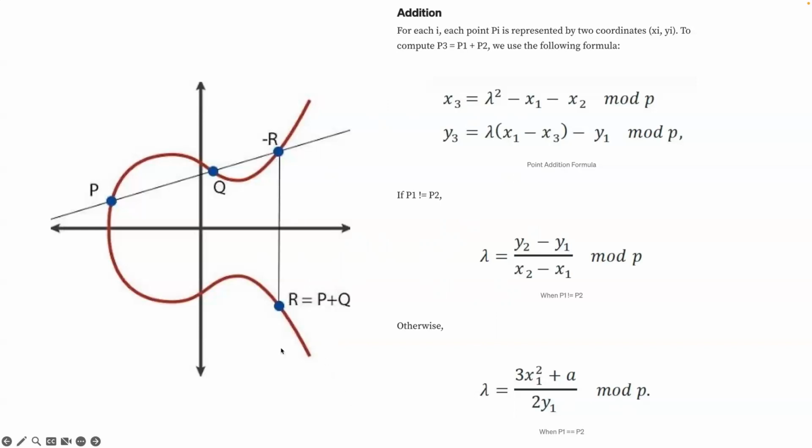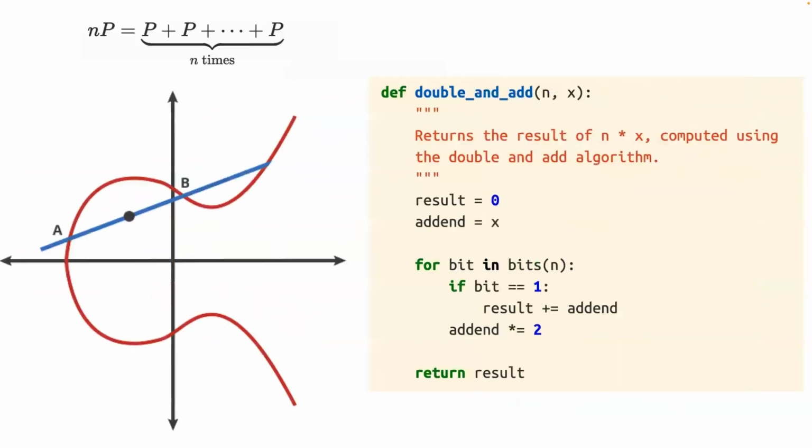Okay, nice. So once we have addition, a natural extension would be, hey, what if I add the point n times together? Because it's like any basic arithmetic. Once you have addition, a natural way to extend it would be multiplication. This is so-called scalar multiplication. So you use a point, but you are not multiplying with another point.